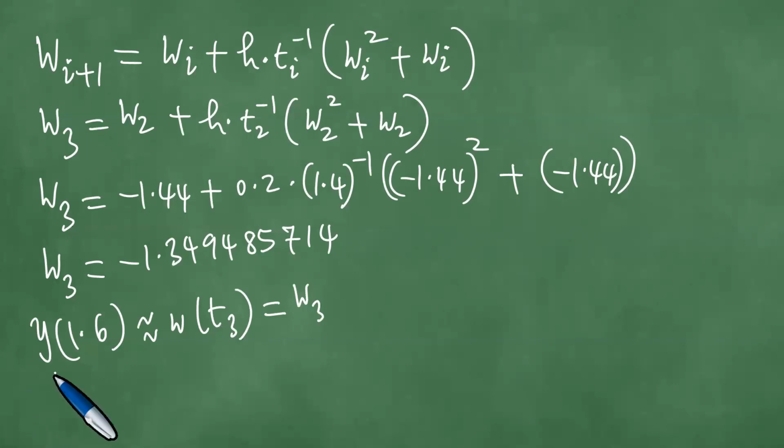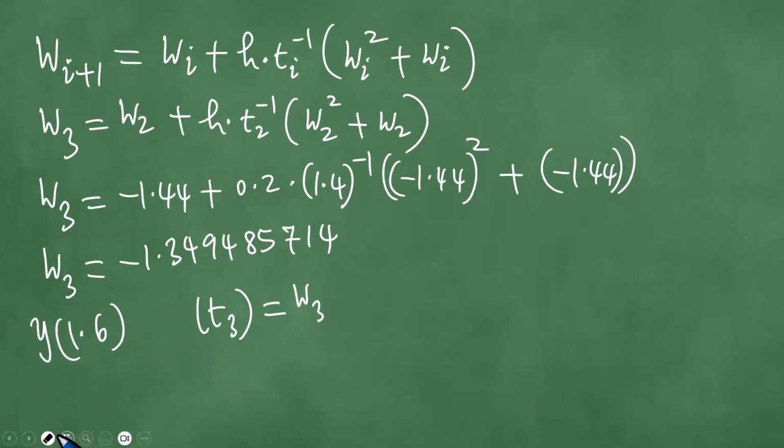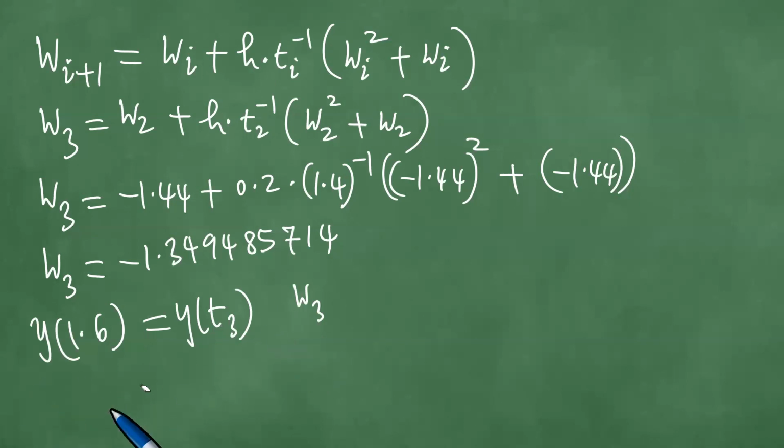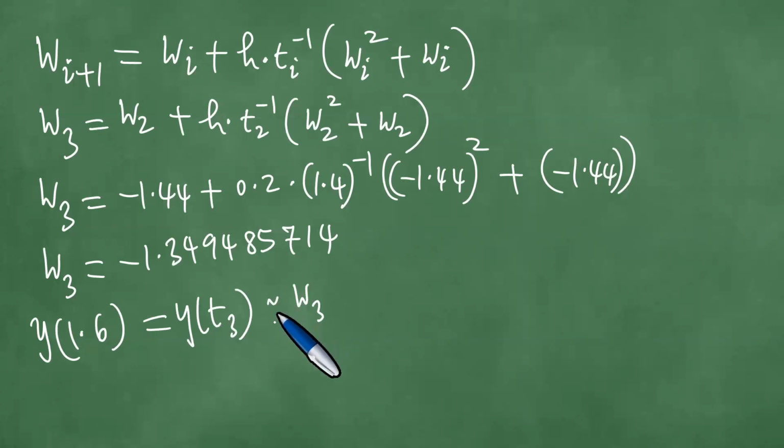I want you to say it's like Y3 here, not W, because T3 is that, which is W3. Ideally, when we write like this, we normally say that Y is the exact value, but the W's are the estimate values. It's estimated at 1.6.